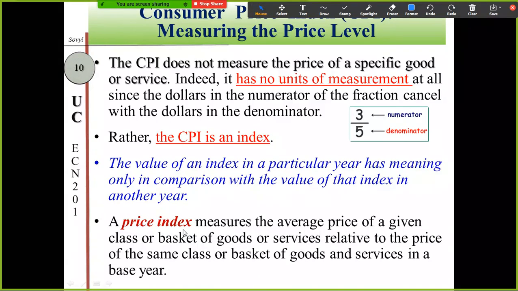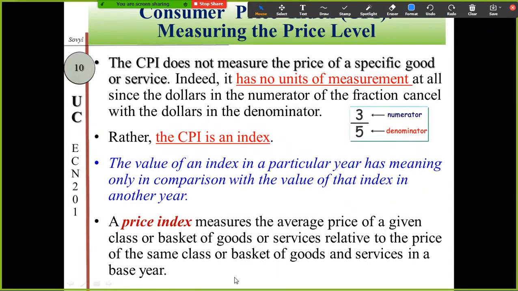A price index measures the average price of a given class, a given basket, a given group of goods and services, relative to the prices of the same basket in the base year.